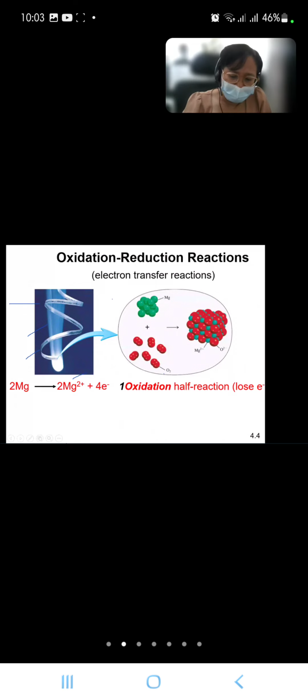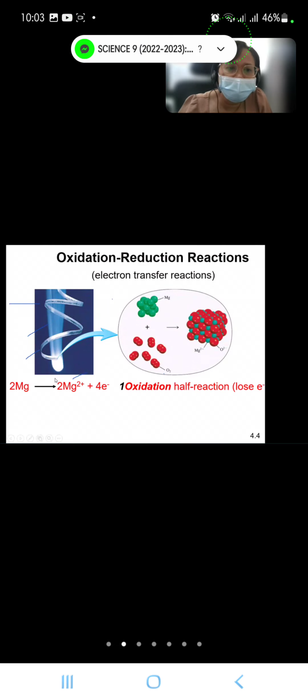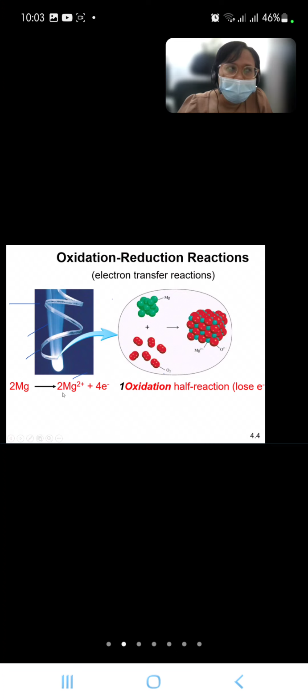So if there are 2 moles of magnesium atoms, and each mole loses 2 electrons, then if there are 2 moles, how many electrons are lost in total? 4, ma'am. 4 electrons.